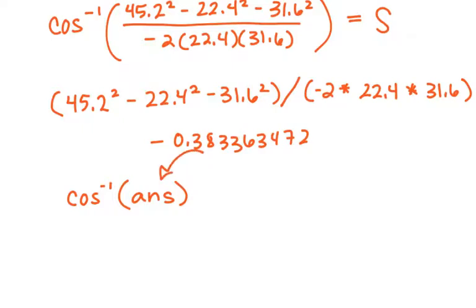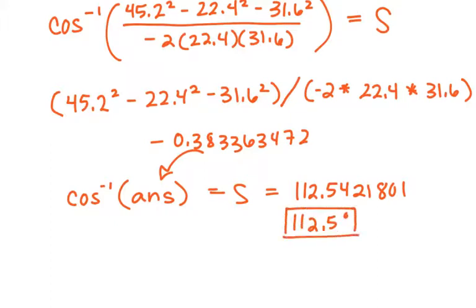And what that gives me is that my S value is equal to 112.5421801, or we could just say 112.5 degrees. All right, now we also talked about pushing the store button. So while this number is on your calculator screen, push the button that says STO with a little arrow on it, this button.